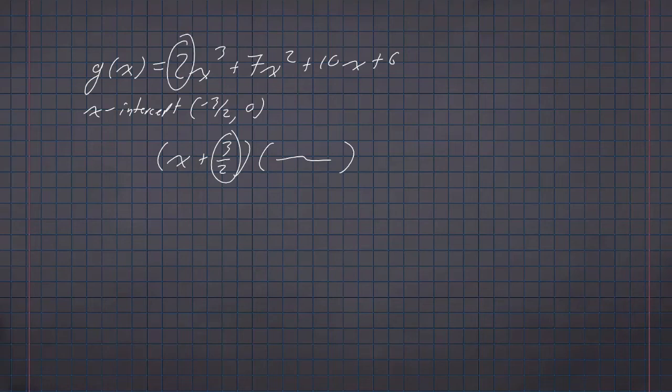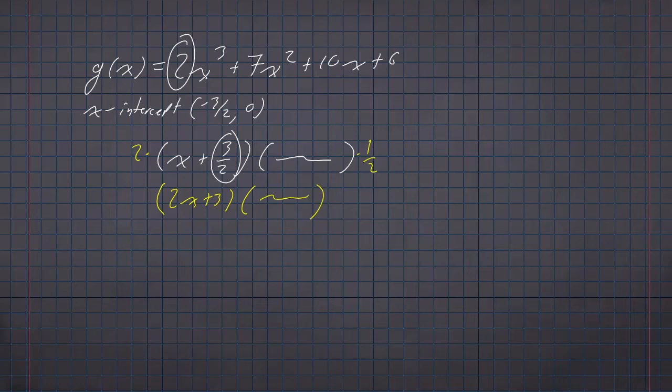And I notice that I've got a lead coefficient of 2 in my original polynomial. So instead of x plus 3/2, I can multiply this term times 2 and the other factor times 1/2. Doing so lets me write this as 2x plus 3 times something.